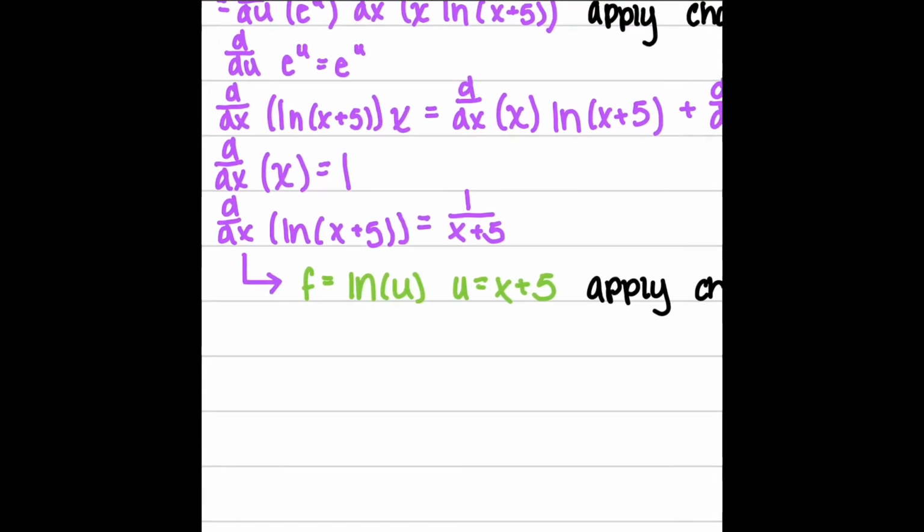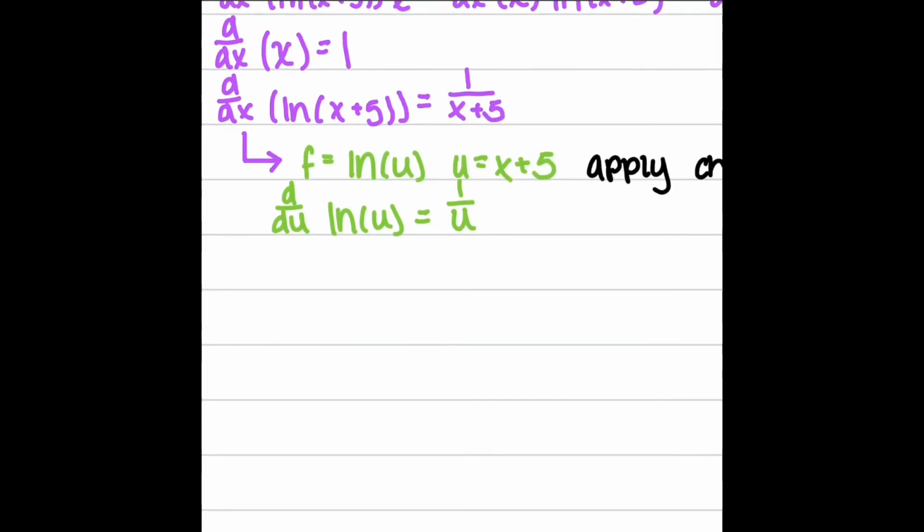Alright, and then we're going to try to find the derivative of those things separately. So write d over du, natural log of u, which is just going to end up equaling 1 over u. And then we're going to try to find d over dx, and then x plus 5, which is just going to end up equaling 1.